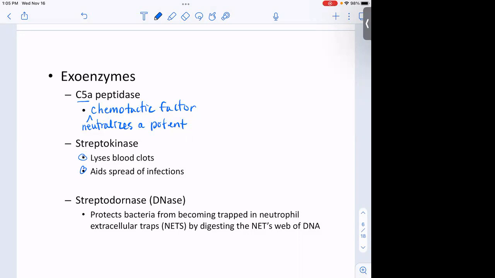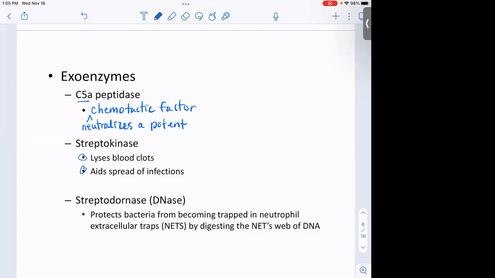Streptodornase, okay, this is a fancy name for a kind of DNase. This relates back to the three ways that neutrophils act, if you remember. They're phagocytic cells. They will release their granules. And that third way is by NETs, the neutrophil extracellular traps.